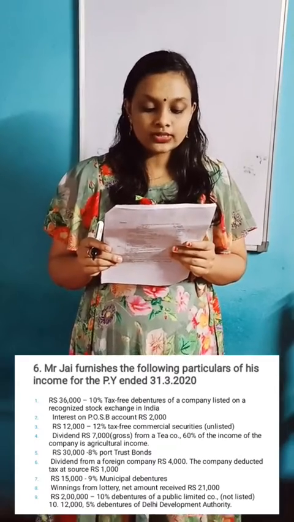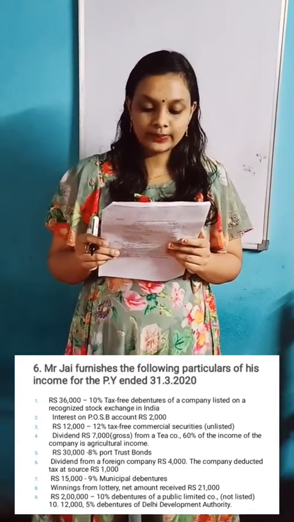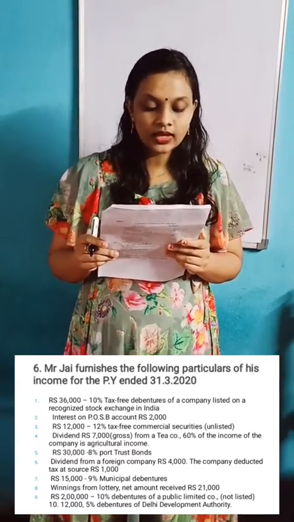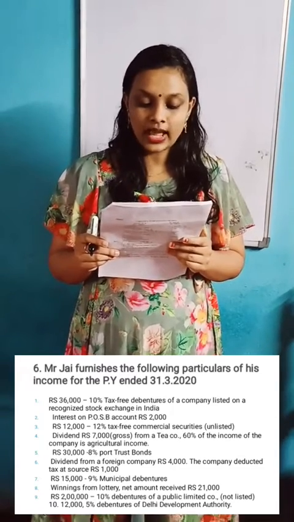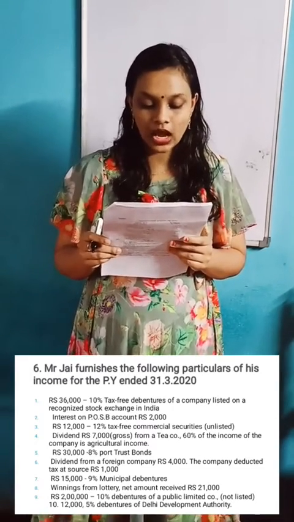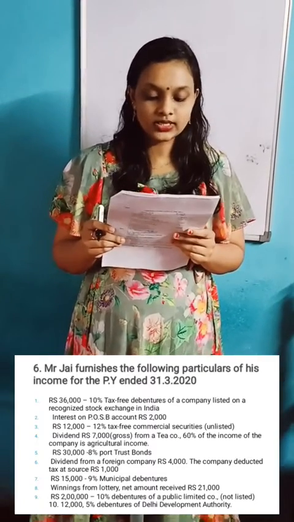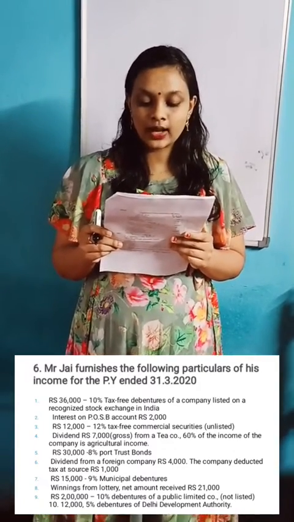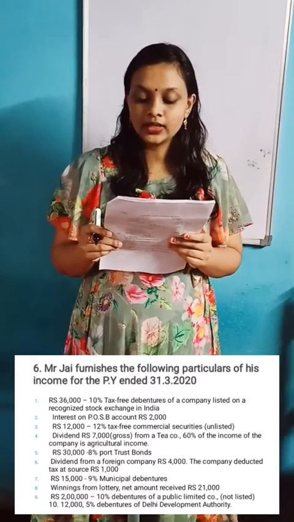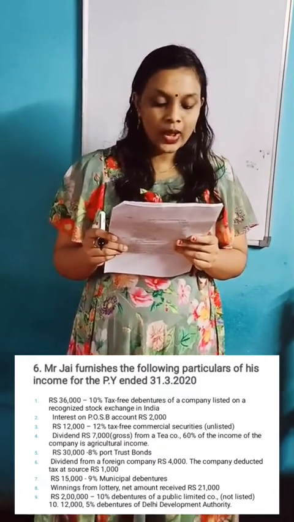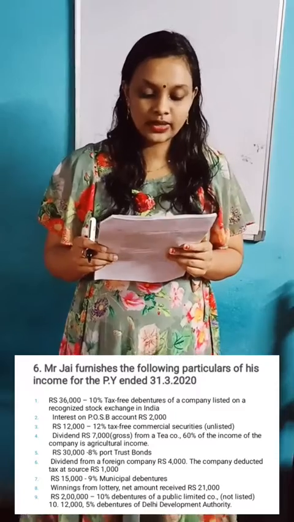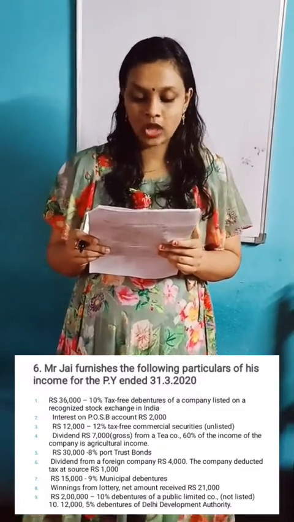Rupees 15,000, 9% municipal debenture. Winning from lottery, net amount received rupees 21,000. Rupees 2 lakh, 10% debentures of a public limited company not listed. 12,000, 5% debentures of Delhi Development Authority.